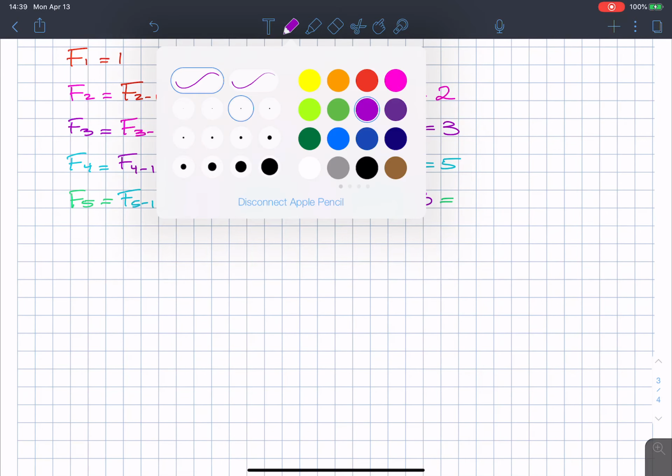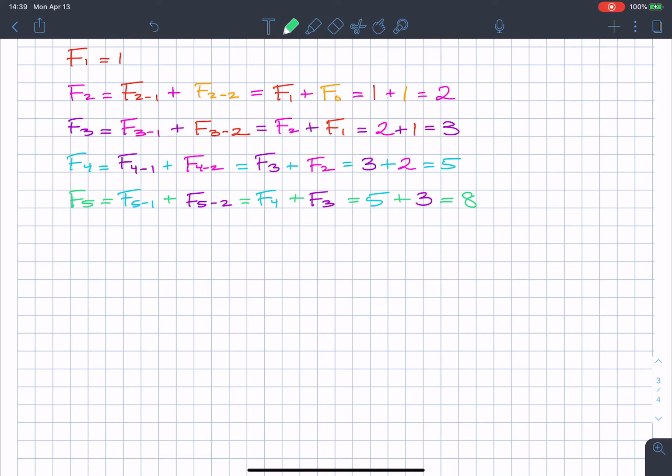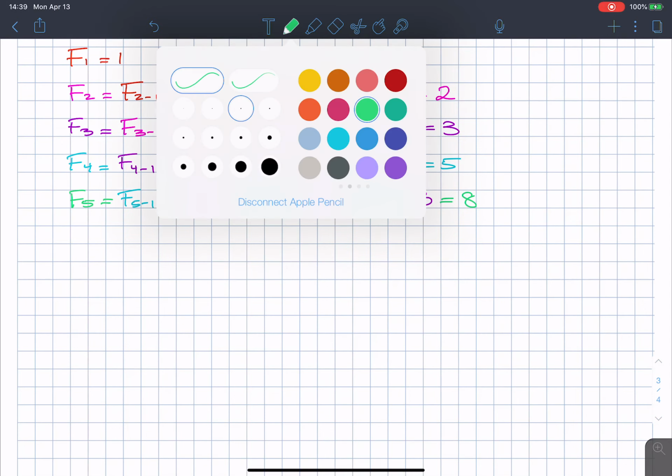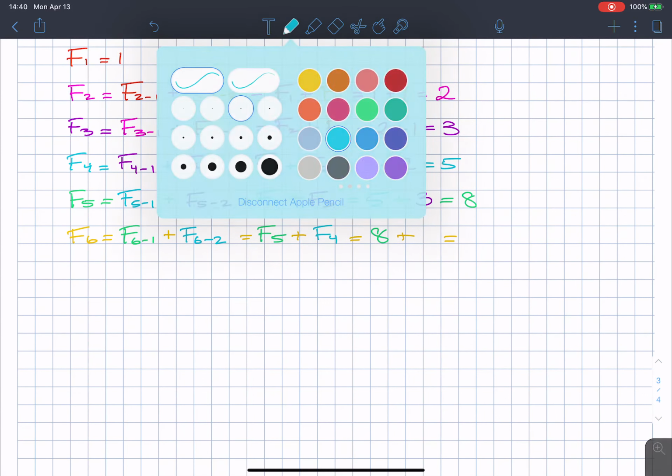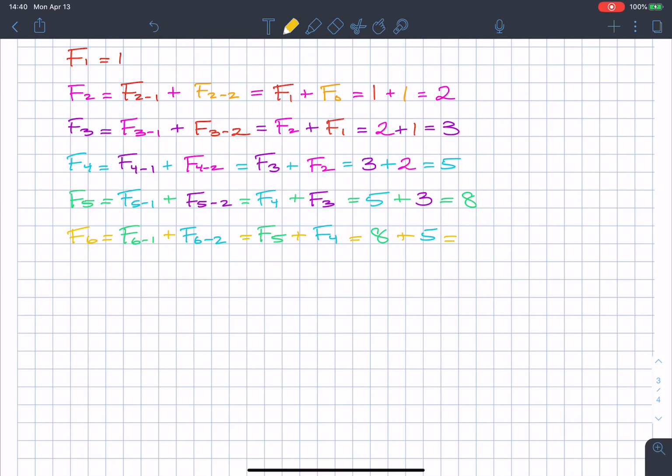So 5 plus 3 is 8. So f sub 5 is 8. Okay, so now let's do f sub 6, which is going to be f sub 6 minus 1 plus f sub 6 minus 2, which of course is f sub 5 plus f sub 4. And we found f sub 5 was 8, and f sub 4 was 5, so 8 and 5 is 13.